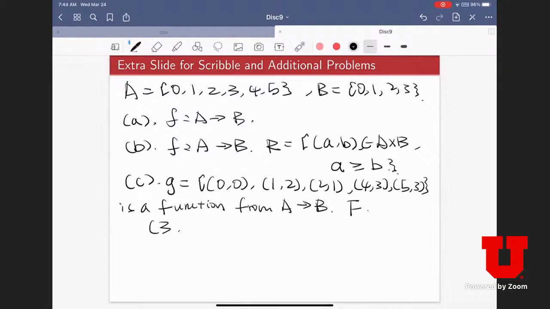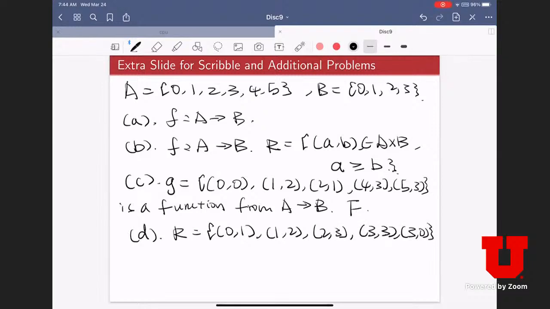And so for D, we're given a relation R with domain B and codomain B, and R is defined as (0, 1), (1, 2), (2, 3), (3, 3), and (3, 0).